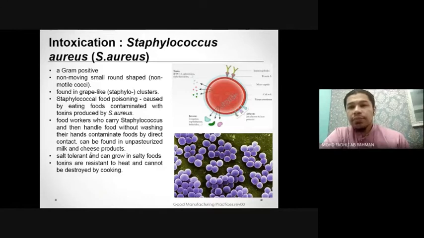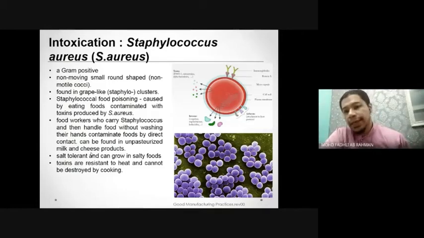So it is gram positive. Same with Listeria, gram positive. So it's non-moving, small round shape.